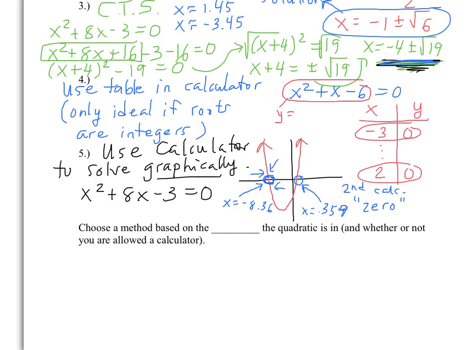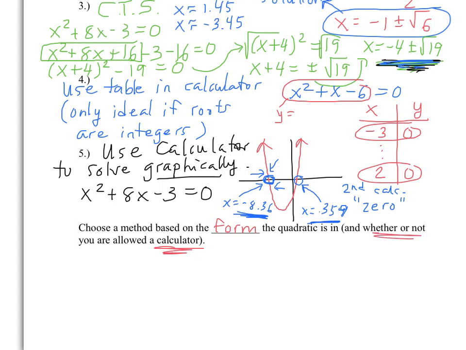And notice if you were to do negative 4 plus radical 19, you're going to get this 0.359 number. And if you do negative 4 minus radical 19, you're going to get this other number, okay, rounded to 3 sig figs. So you're going to choose a method based on the form the quadratic is in, okay, and also whether or not you're allowed to use a calculator.